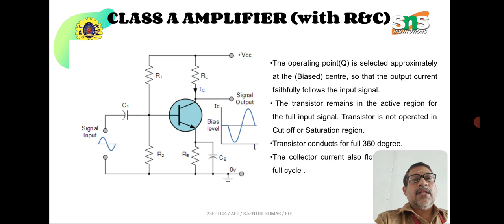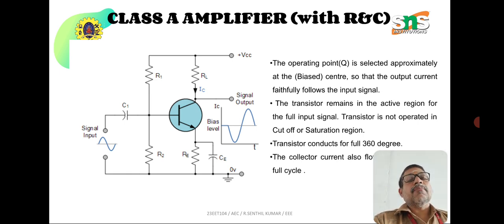I already said that the resistances R1 and R2 shown on the left-hand side of the transistor are for biasing. The center portion is the transistor, and a common emitter configuration is shown here. The left-hand side is your input, where an AC signal is given to the base.